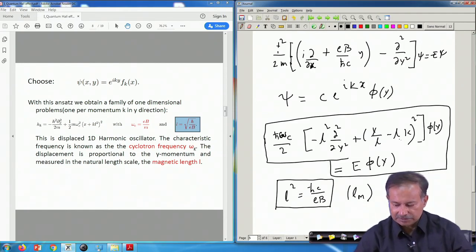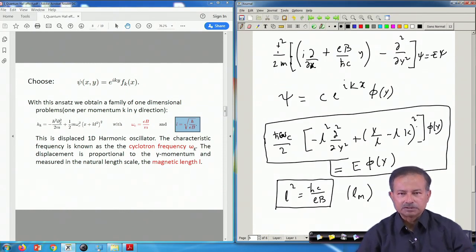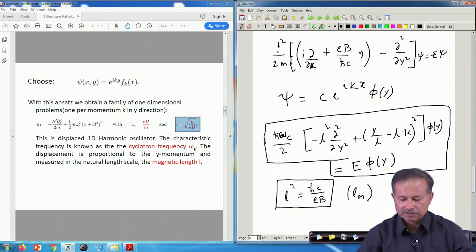So, the solution can be written down, and remember that because this k term is non-zero, the center of the oscillator has just been shifted from y equal to 0. So, that is the amount of shift, L square k. The center is away from 0 by an amount L square k.